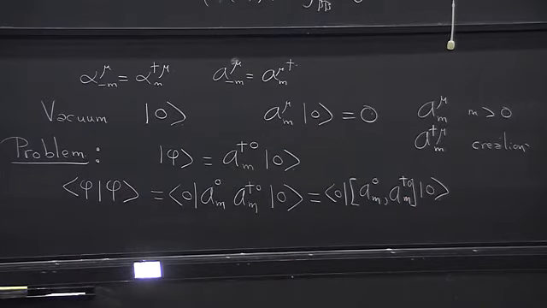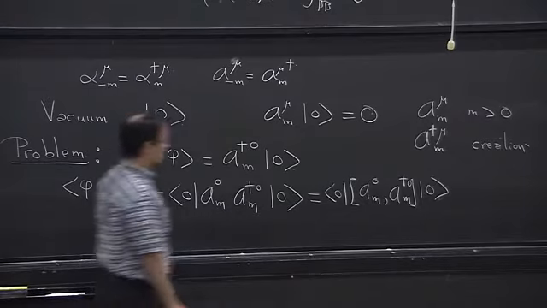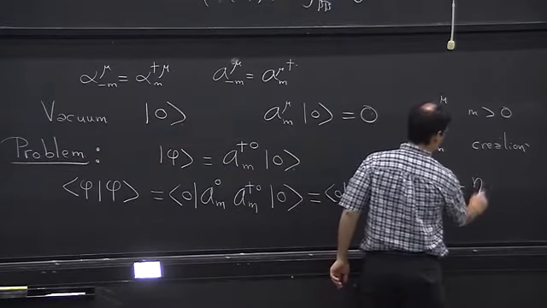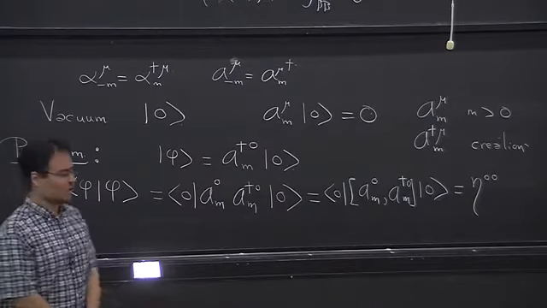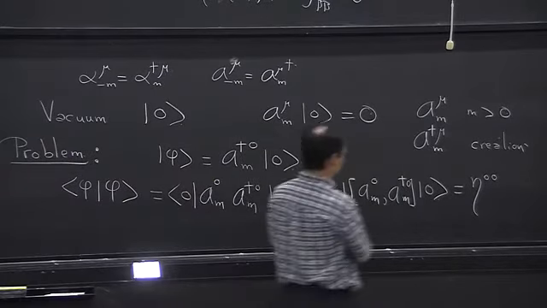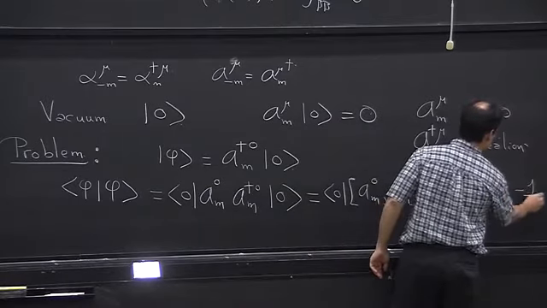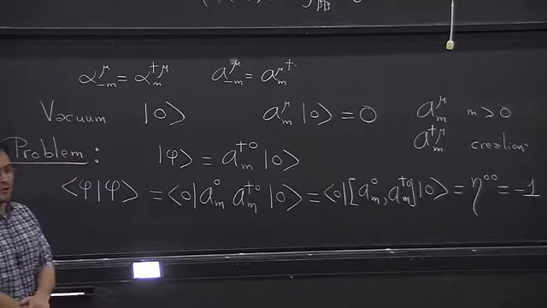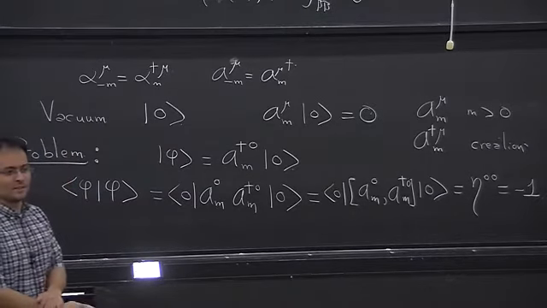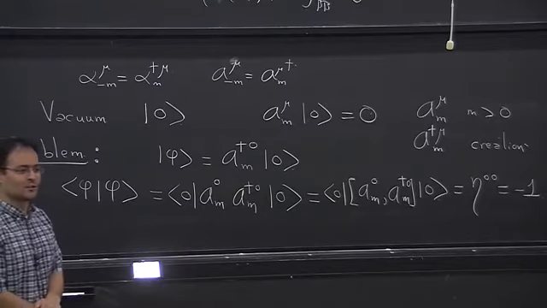And now we see why we're going to be in trouble. Look at this formula. The commutator gives us eta 0,0. So that's the norm of this state, which happens to be -1. So it's not looking good. Well, at least it's not looking as bad as it could have been if we had chosen the other signature.